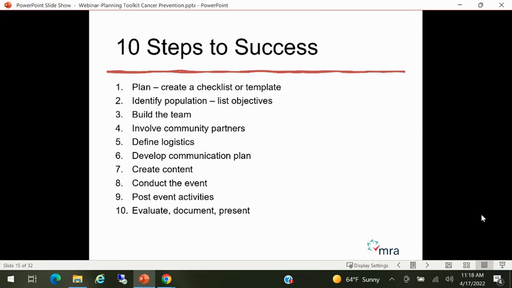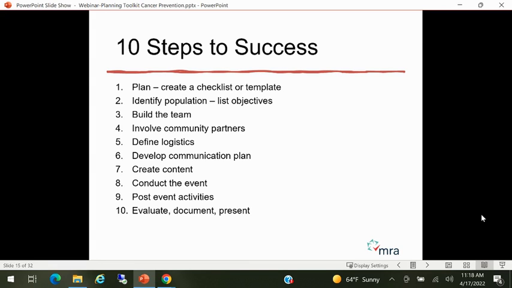For our presentation today, I've created a 10-step program to a successful prevention event. These steps are: 1, create your plan; 2, identify the population and the objective; 3, build the team; 4, involve your community partners; 5, define the logistics; 6, develop a communication plan; 7, create your content; 8, conduct the event.